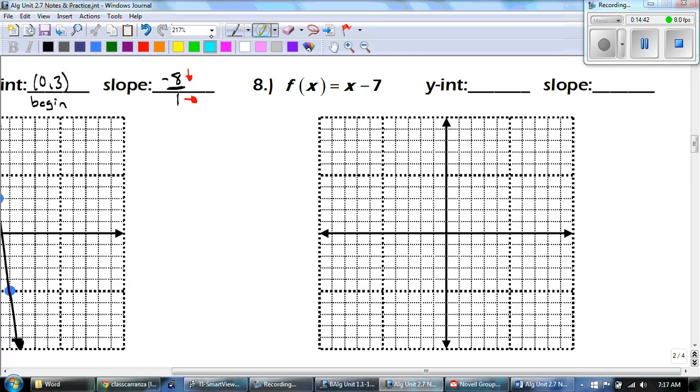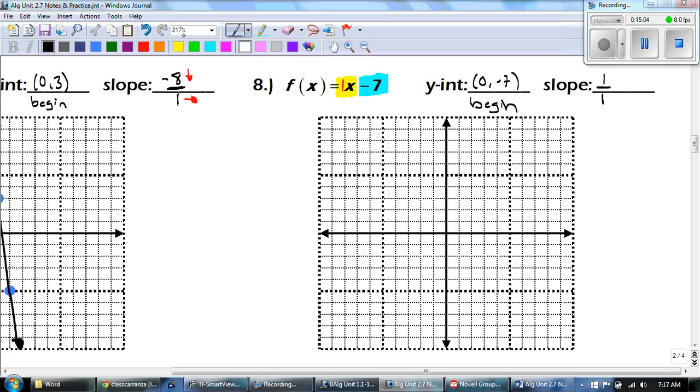All right, so there's my slope, but I don't see any number in front of it. I see my y-intercept. I know what that is. My y-intercept is 0, -7. So I know where to begin. But what's my slope? Well, remember, there's a 1 in front of it.